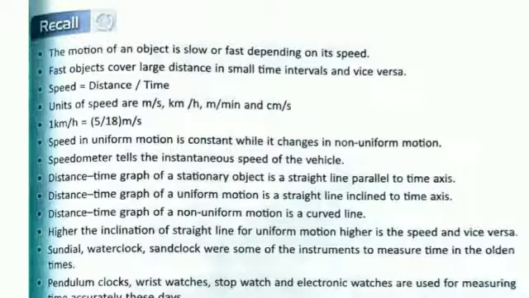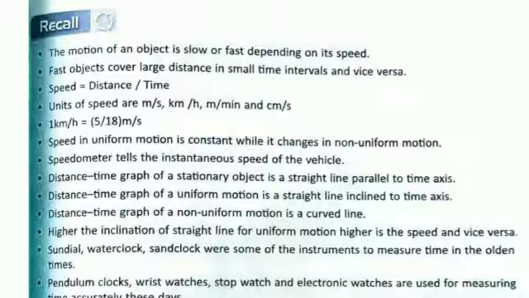The motion of an object is slow or fast depending on its speed. Obviously, if speed is much higher, we say this vehicle is moving faster. If speed is slow, it is taking more time.